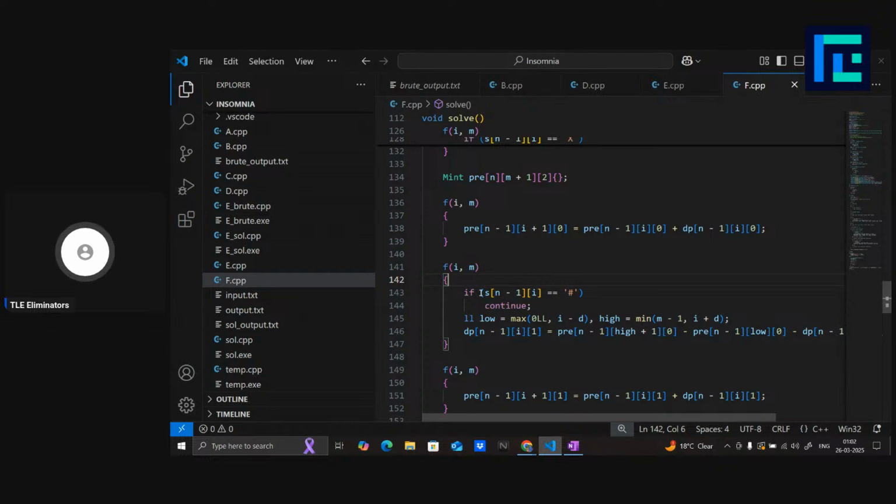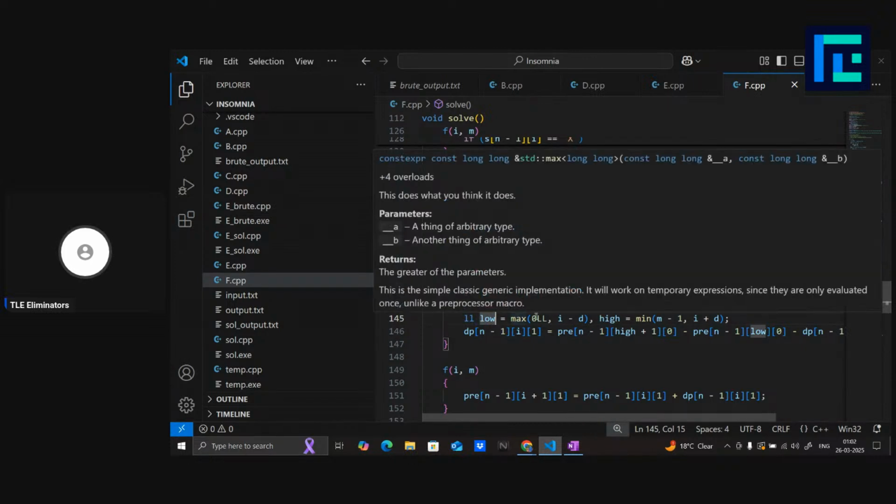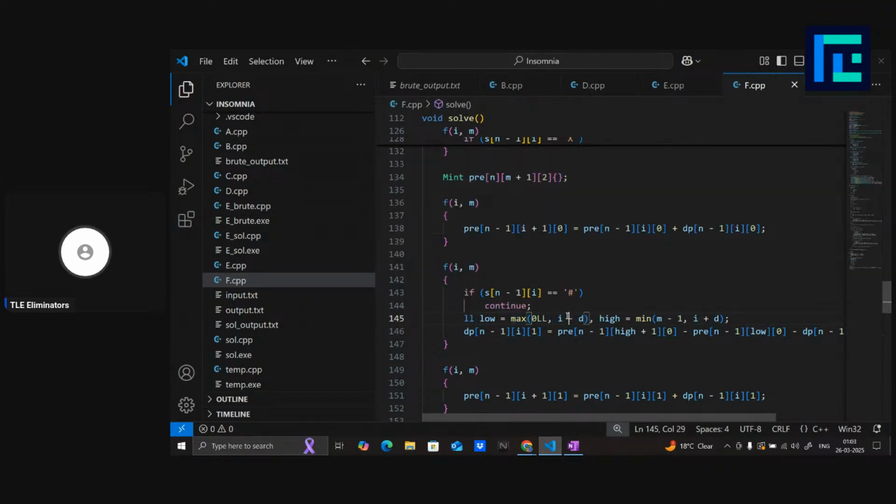So if s of n minus 1 i equals hash, then continue, that means I want it to be 0 only. Now these are the bounds: low is equal to max of i minus d, so basically I minus d to i plus d, but it has to be inside the bounds also, so I am taking the max with 0 and the min with m minus 1. This is the bound on k for the last row. If you want to be on i, then you can come from anywhere from low to high.